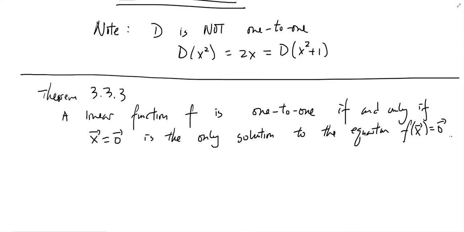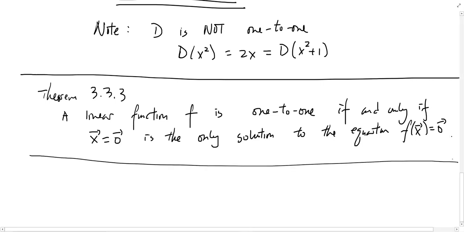And the 0 vector simply refers to the 0 element within the vector space that we define. So, for example, let's say we define D to go from P to P. I'm going to define a differential operator that only works on polynomial functions and always results in another polynomial function.